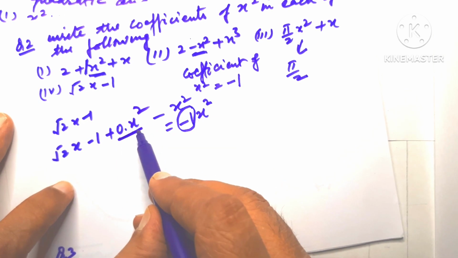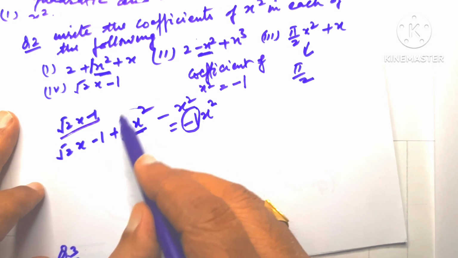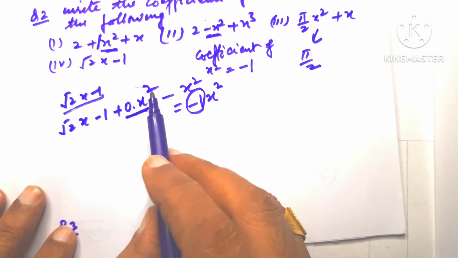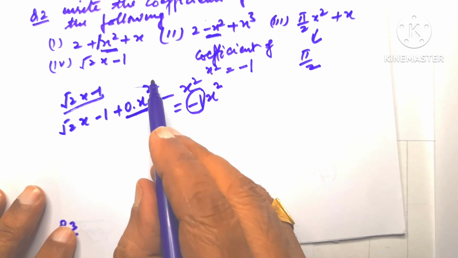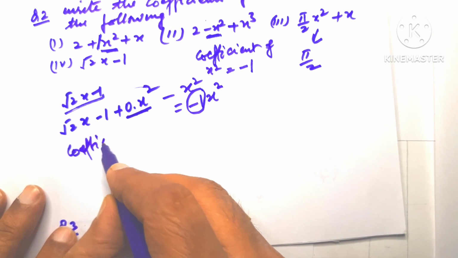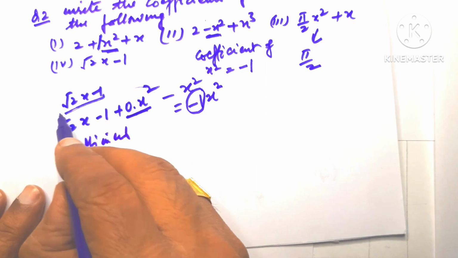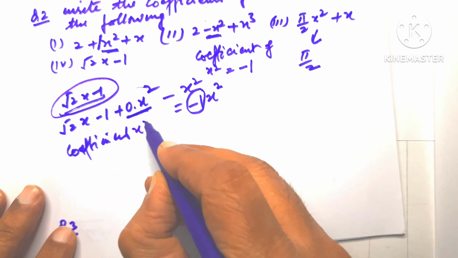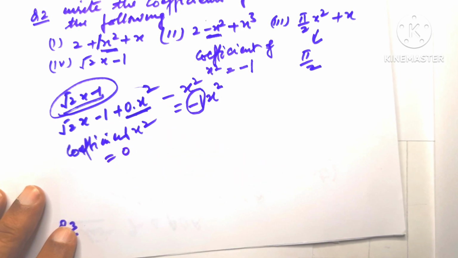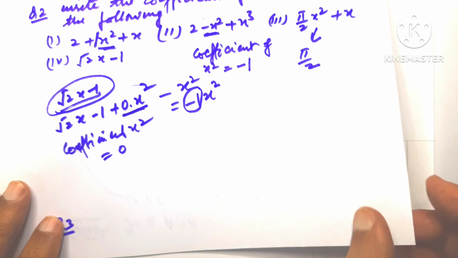Because this is 0, it doesn't make any difference. So now the coefficient of x square is 0. So this is how we do question number 2.